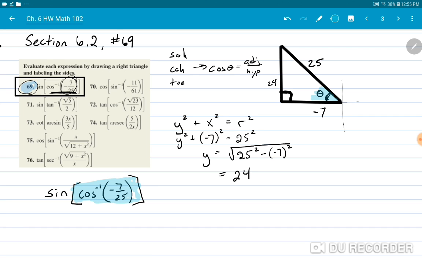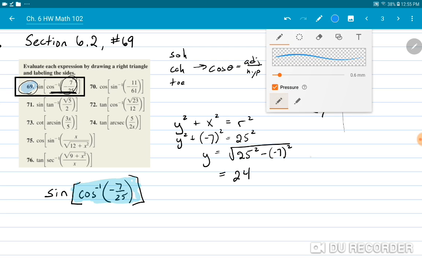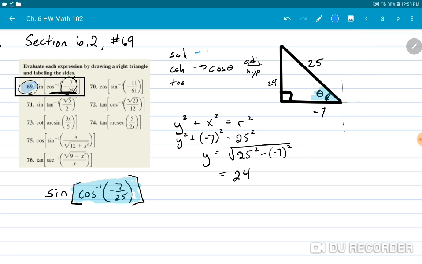And sine is opposite over hypotenuse. Looking at my triangle, I find that sine of that angle equals opposite, which is the 24, over the hypotenuse, which is 25.